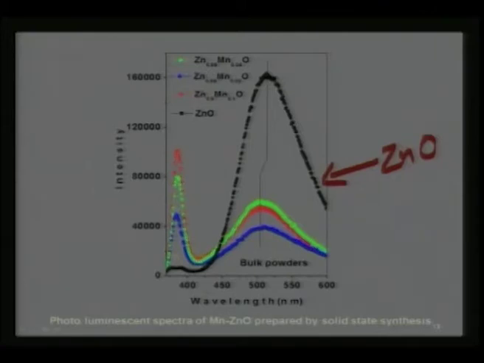But one thing we can be clear about is that when manganese is getting doped, you can clearly see that this surface or defect induced emission is suppressed and the band to band edge emission is getting favored. Although there are still considerable defects, one can say that manganese is getting substituted in some form, but not necessarily to affect the magnetic property.